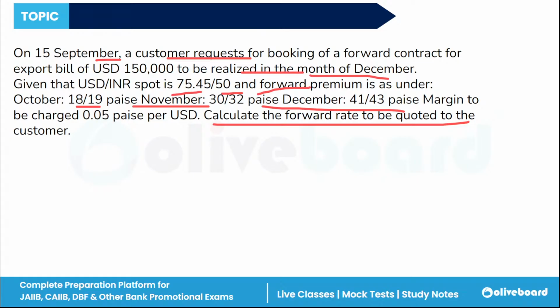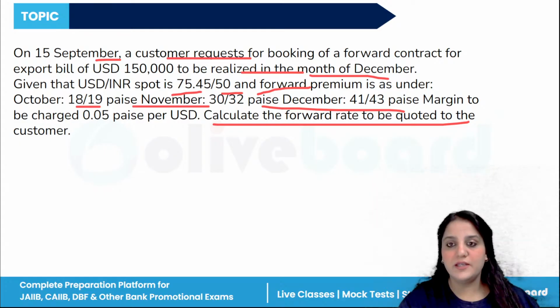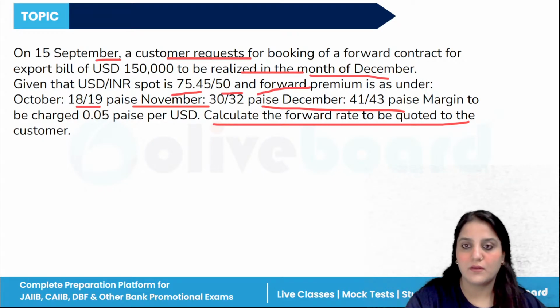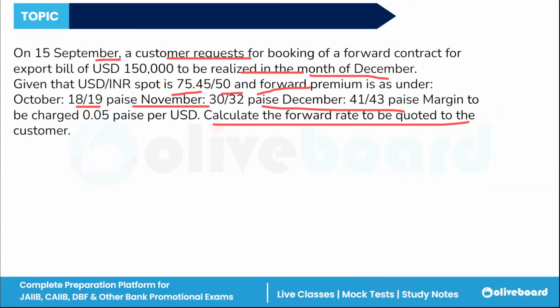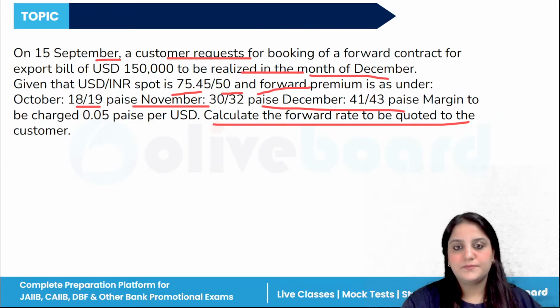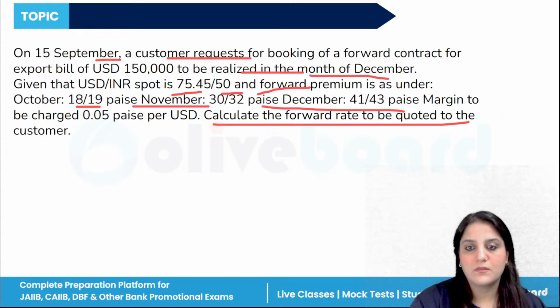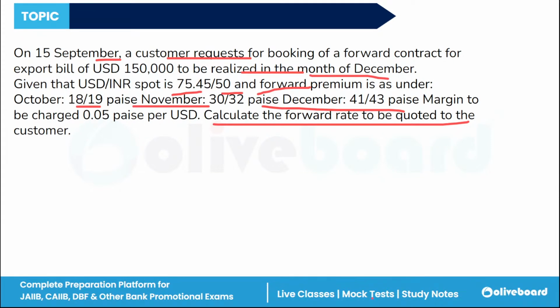So how to solve this question? Just first read the question carefully and then see.